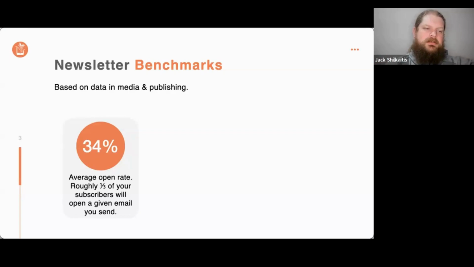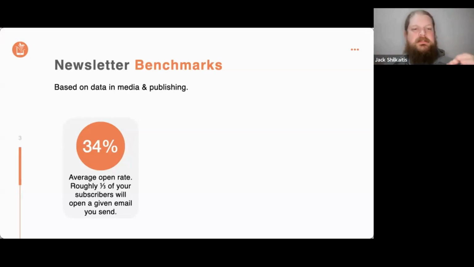That's because your mailing list service is tracking these opens and clicks through means that can be blocked by your email service provider in some contexts. So in some cases, it might actually be more. But now that we've gotten that out of the way, I wouldn't worry too much about how accurate this is.